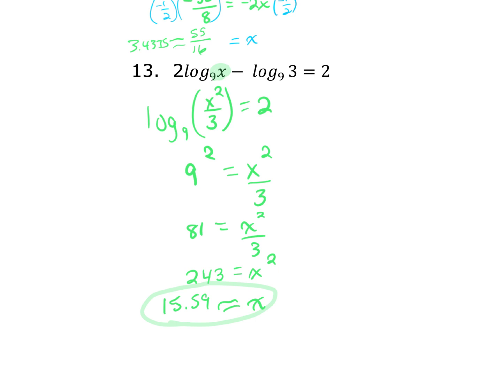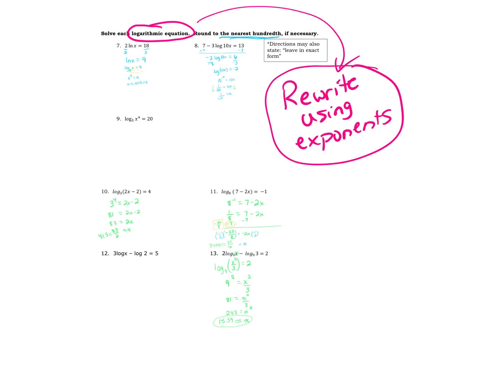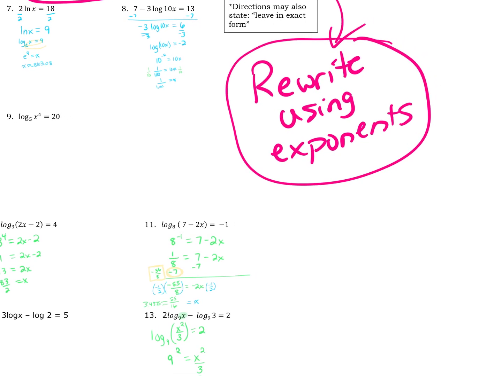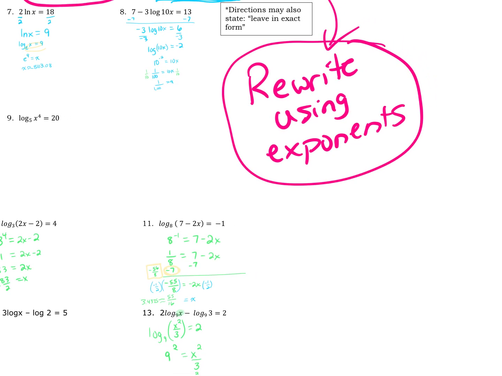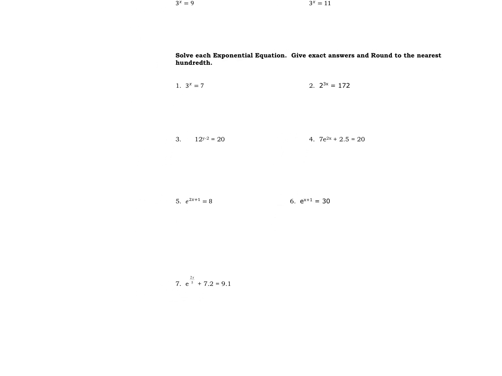All right, so those are logarithmic equations that weren't that special case of log of something equals log of something, where we set them equal to each other. So on all of these, if it's a logarithmic equation, we rewrite using exponents. That's the inverse operation, right? Okay, now we're going to look at exponential equations.